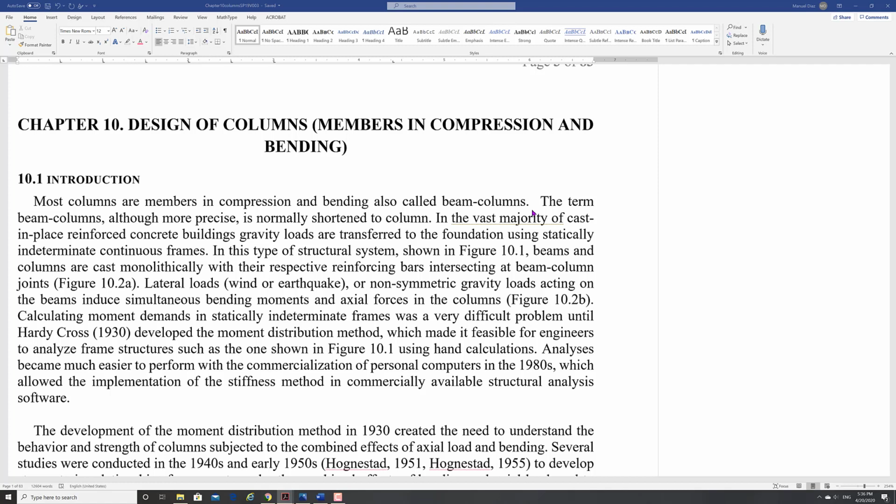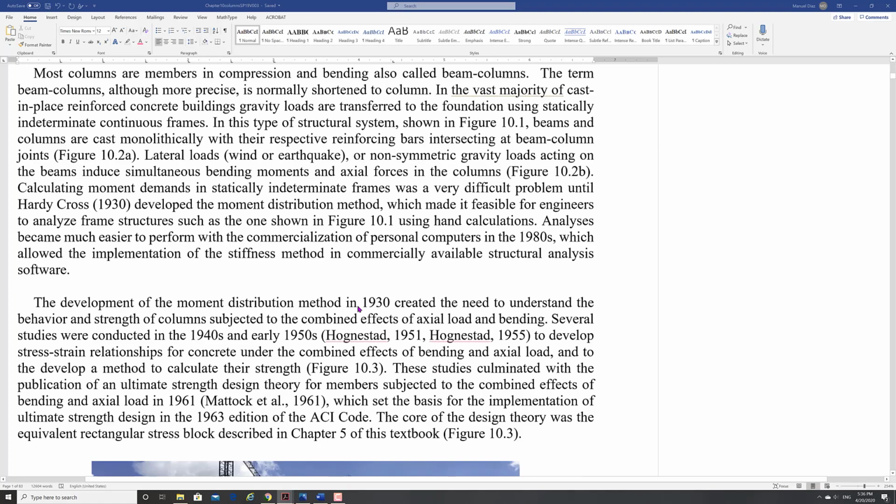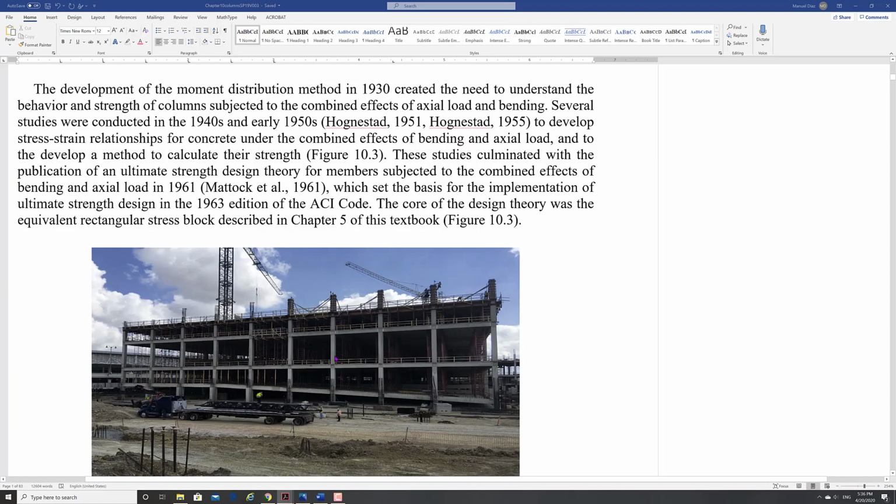Now, in most cases, in the case of cast-in-place structures, it looks like a frame like this, very similar to your project, right? So lots of columns. And these are all fixed connections. The connections here at the end are continuous connections, right?